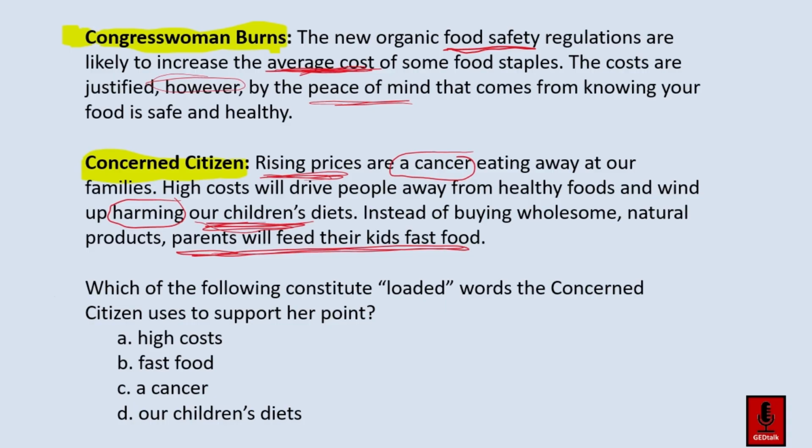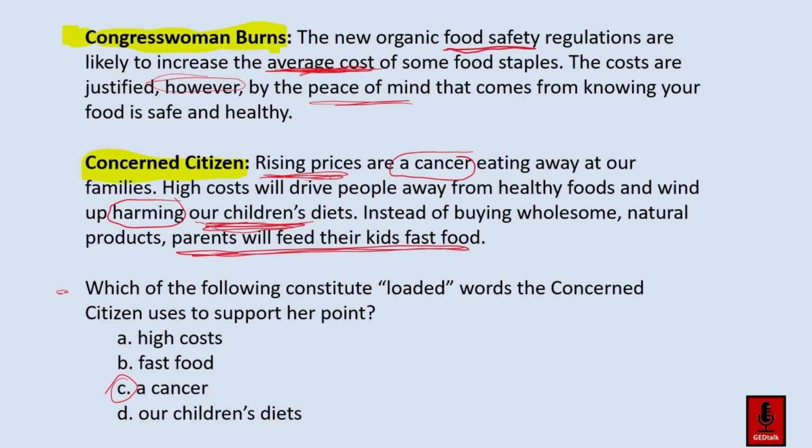Because as we come down here with this question, we see which of the following constitute loaded words the concerned citizen uses to support her point of view. As I mentioned, folks, the fact that she calls it, or he calls it, whichever, a cancer, that is a loaded word. That is a very loaded word to say that something is a cancer.